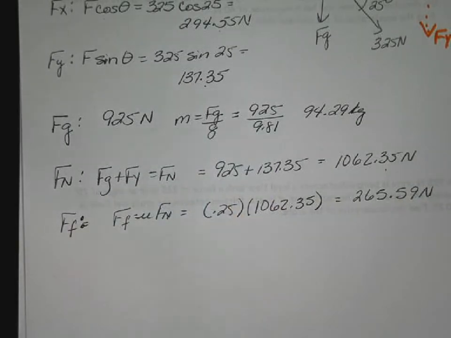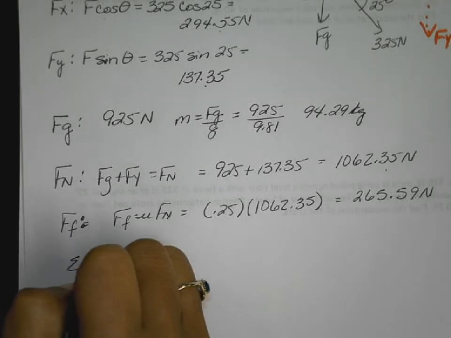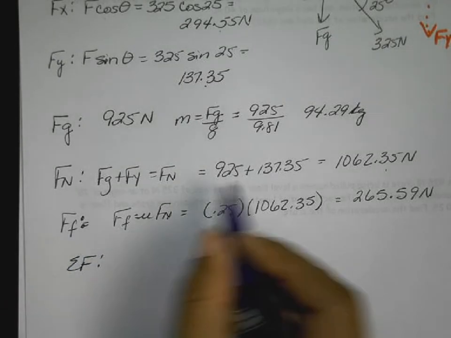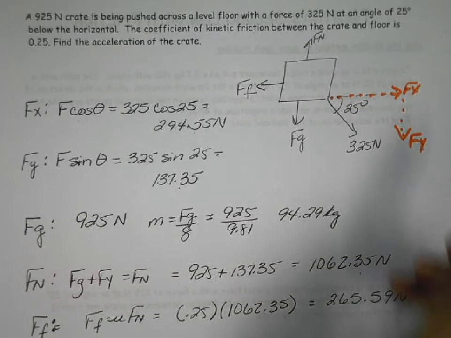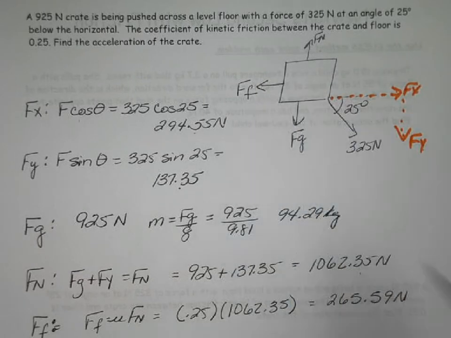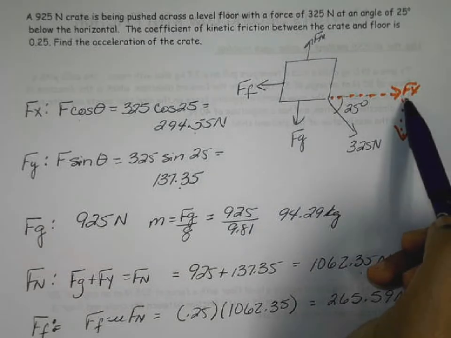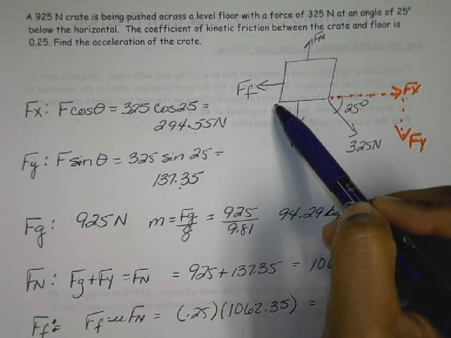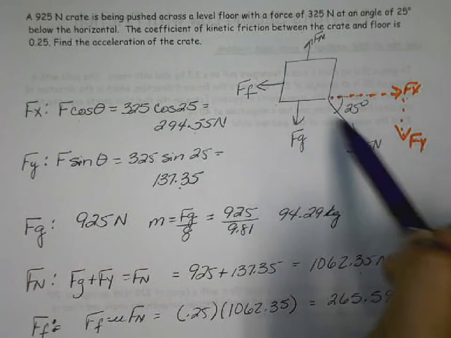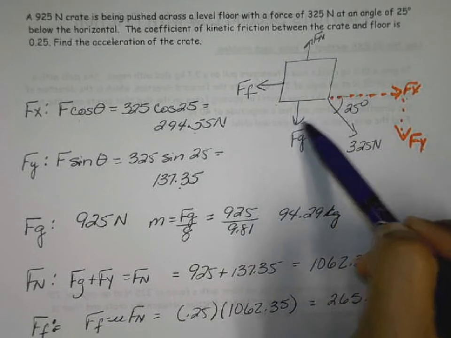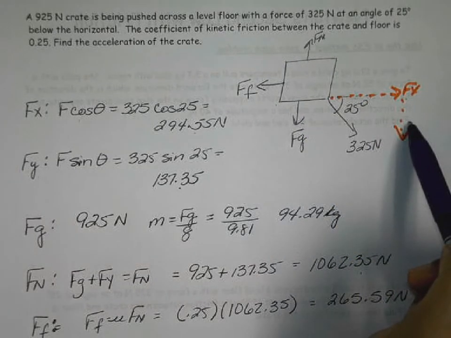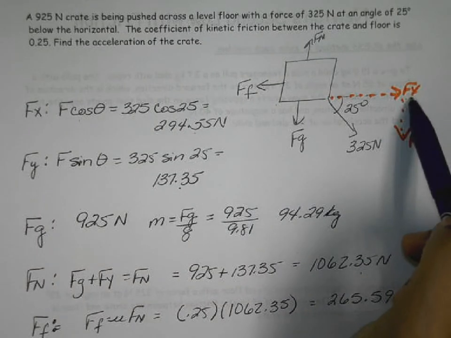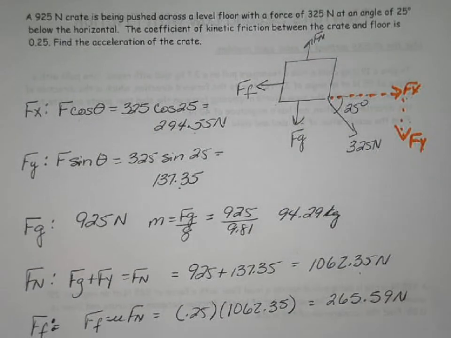Then it asks for the sum of the forces. Well, that is that minus this. That is the force of X minus friction. We could use these, but all of these add up to be 0. That one and that one and that one, and we add them up, it's 0. So they don't count. The only two that are left is force on the X and friction. And we have those.